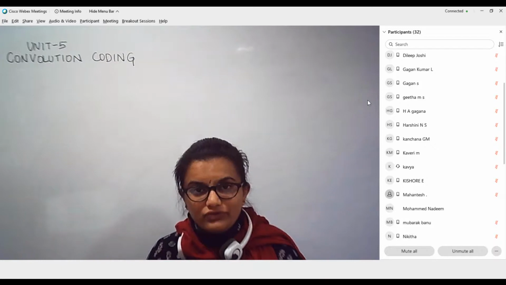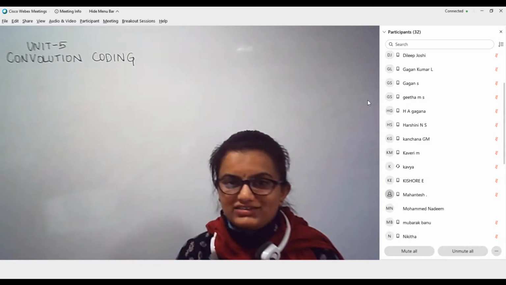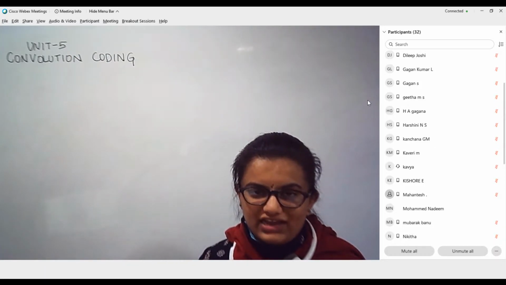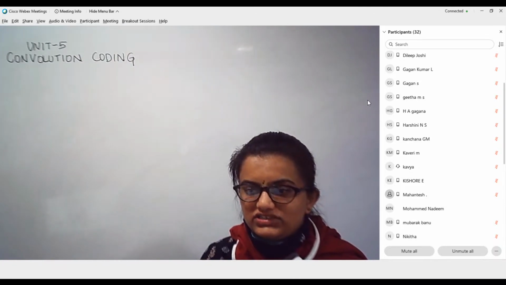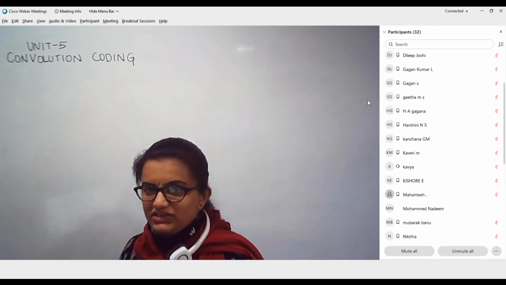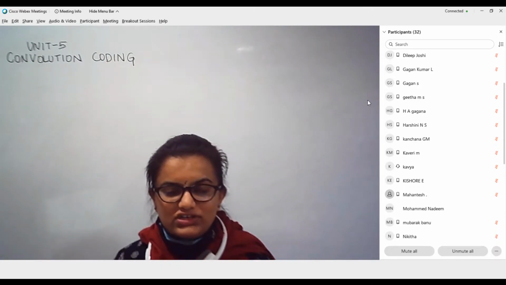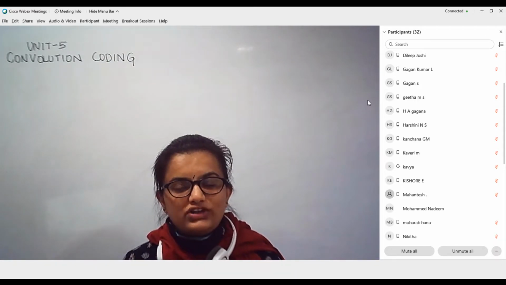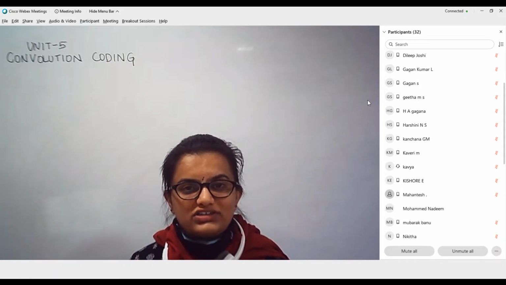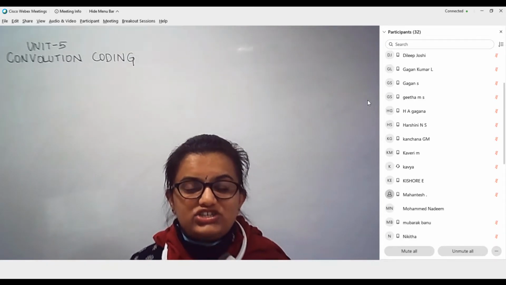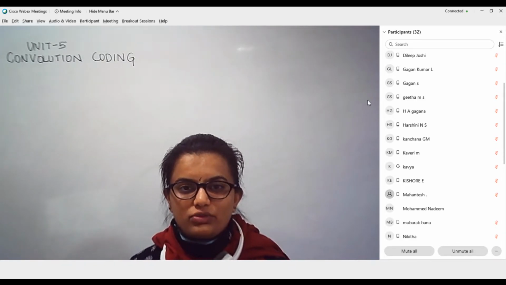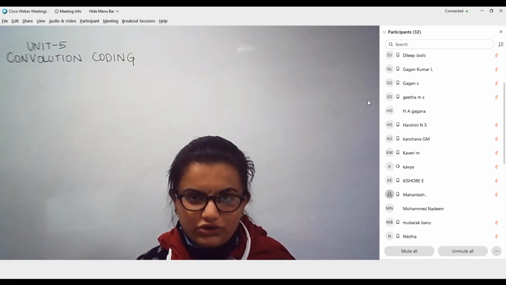So out of the two basic error control coding mechanisms, one is block code, the other one is convolution code. The main difference is that a block code is an n-bit code word generated for a block of information obtained at a given point of time.